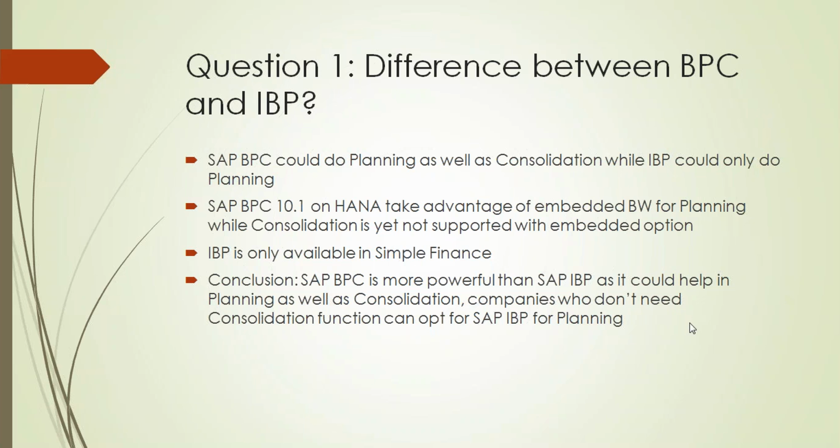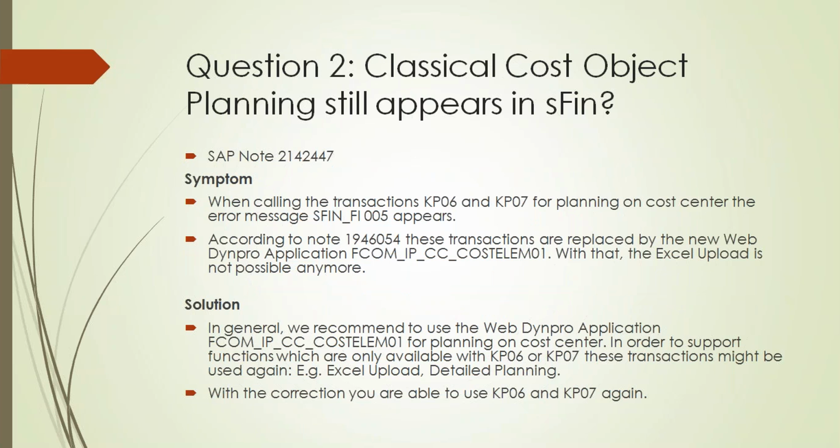Okay, going forward. Second question: I was talking about the constraint in Simple Finance that you cannot do cost center planning, I mean the normal classical planning, if you are going to Simple Finance. You have to go for integrated business planning if you want to do cost center, internal order, profit center planning.